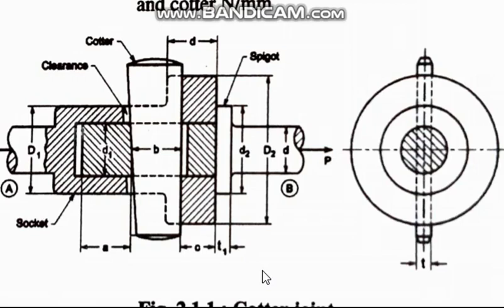Okay, so tomorrow we will see another two types of cotter joints. Though they are not so famous, we can see how to design them. See, first you understand, especially when tensile stresses, compressive stresses are coming, crushing is coming, when shearing is coming, how to find out the area that is resisting that failure.